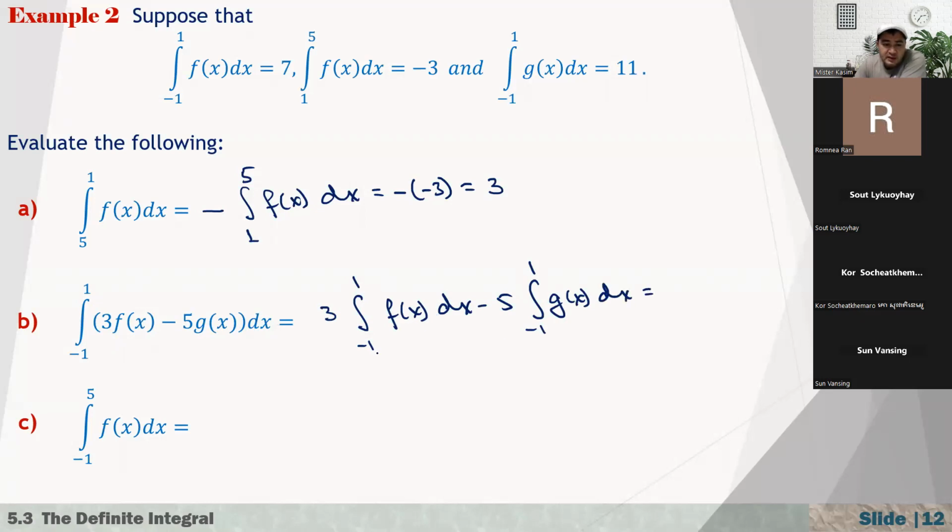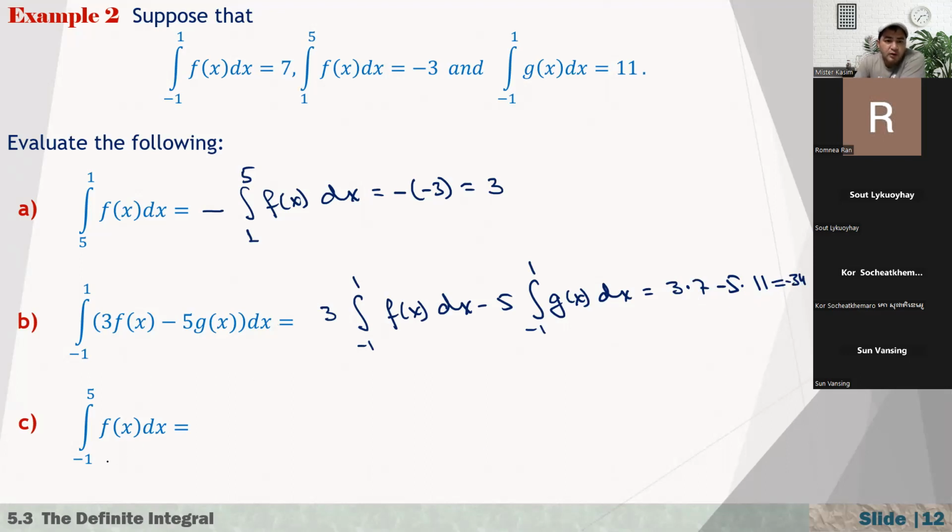The first part, the integral from -1 to 1 of f of x dx, is equal to 7. So here we have 3 times 7 minus 5 times, how about g of x? The integral of g of x is 11. So this answer is equal to 21 minus 55, that's equal to -34.